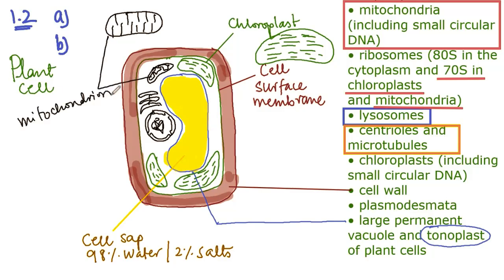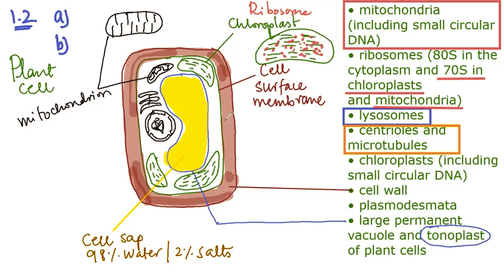Another important feature that should be remembered is that both of these structures, chloroplast and mitochondria, contain ribosomes, but these ribosomes are slightly different in size compared to the ribosomes present in the animal cells or in the cytoplasm of the cell.